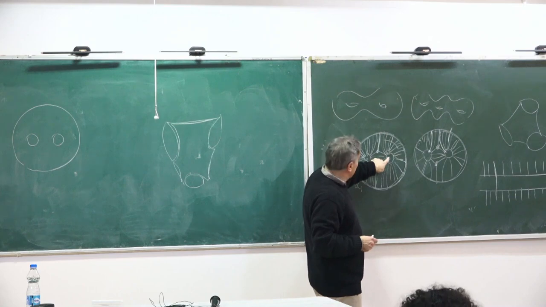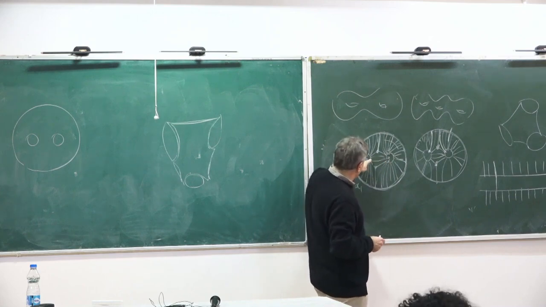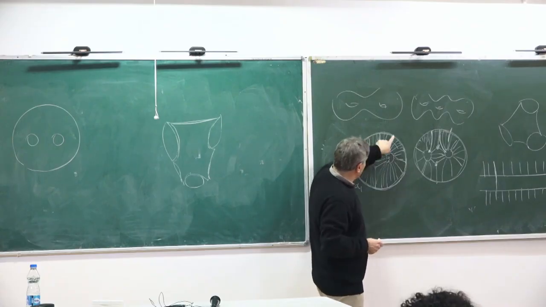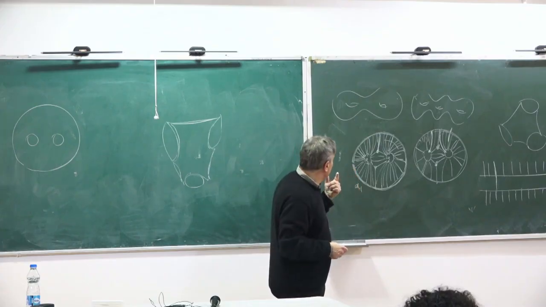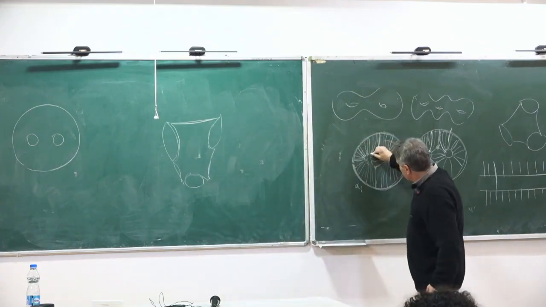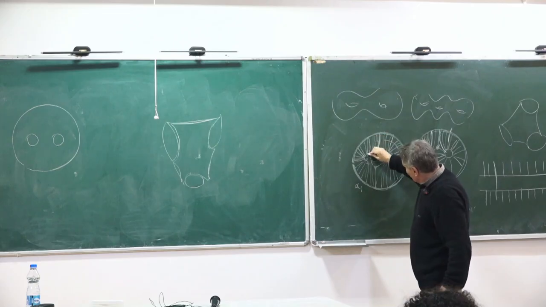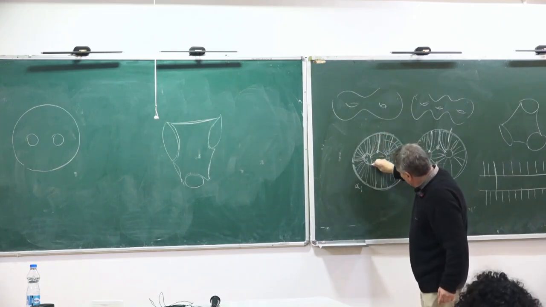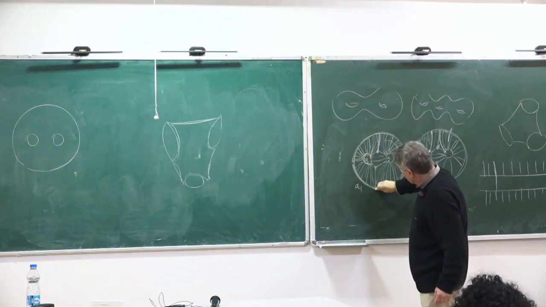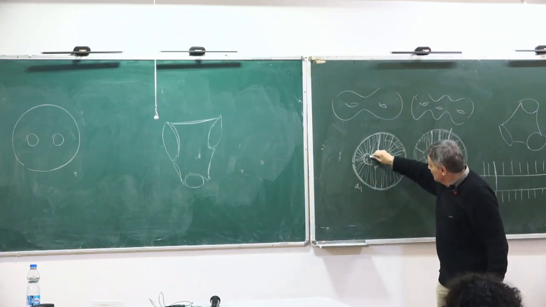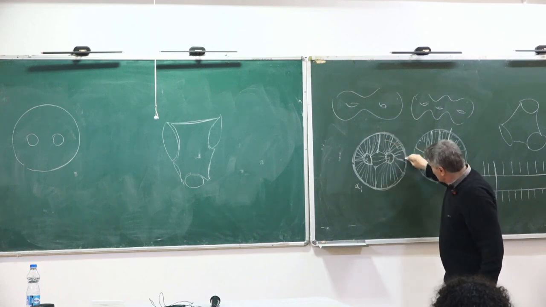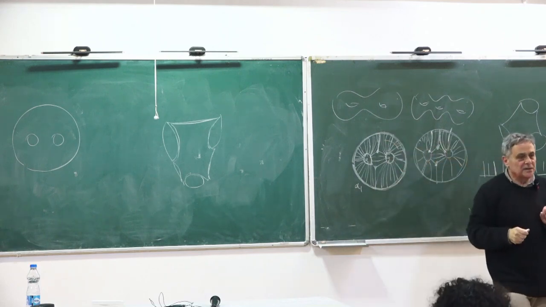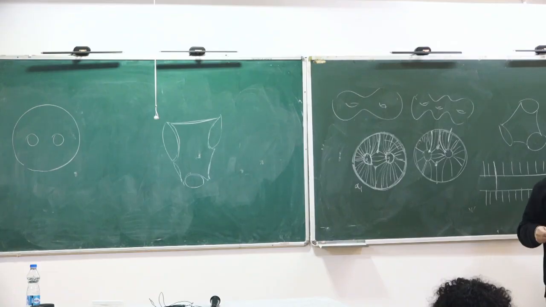So I cannot just say, okay, I take here 1 as a transverse measure, and here 1, and then I take 100 as a transverse measure of this one, because the measure must be preserved. The measure of this arc must be equal to the measure of this arc, and the measure of this arc must be equal to the measure of this arc. So there are some equalities, but simple equalities, like triangle.